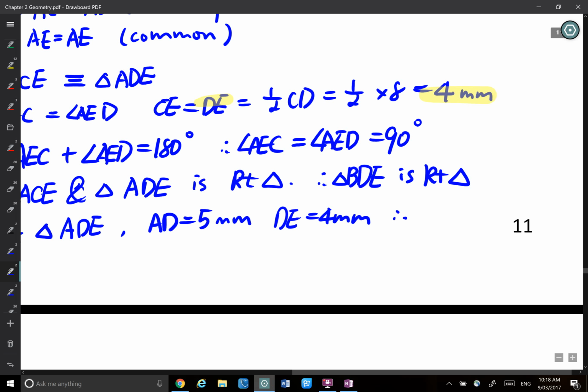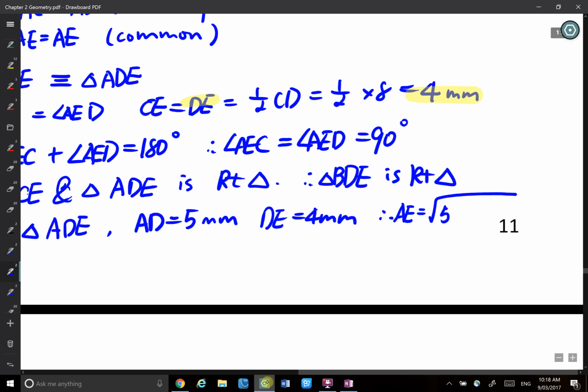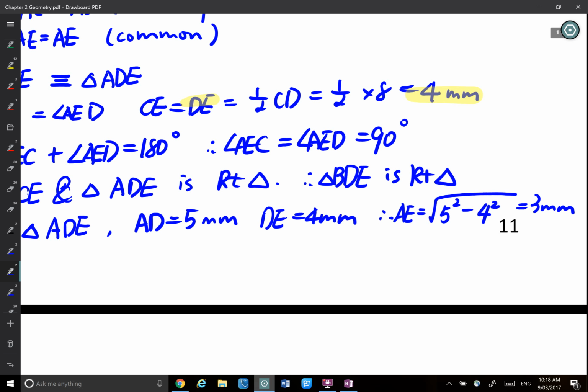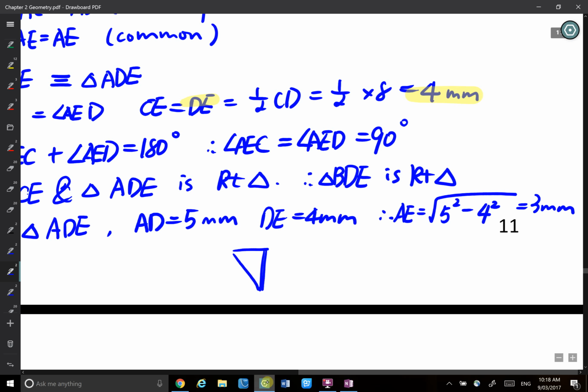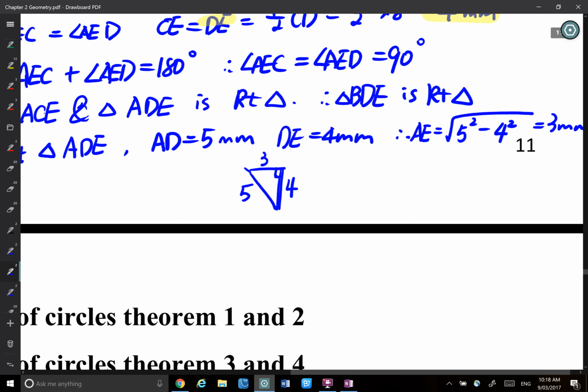So AE equals the square root of 5 squared minus 4 squared, which equals 3 millimeters. Hypotenuse squared, subtract the side length squared, square root of everything, and that will give you the other side. So AD equals 5, DE equals 4, then this one must be 3.